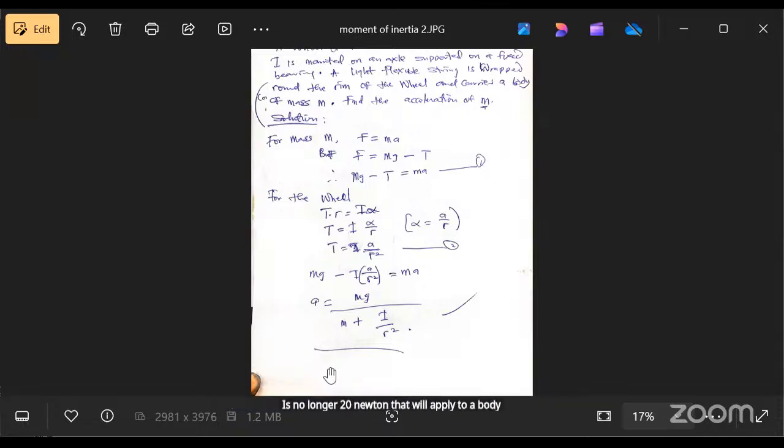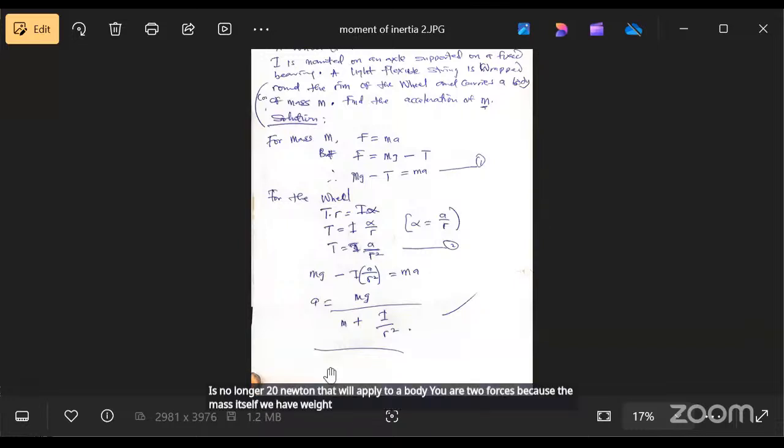You have two forces, because the mass itself has weight, which is a force, mass multiplied by the force of gravity. Then the string that is holding the mass will also have tension, and tension is also a force, because without tension, it cannot hold the mass.